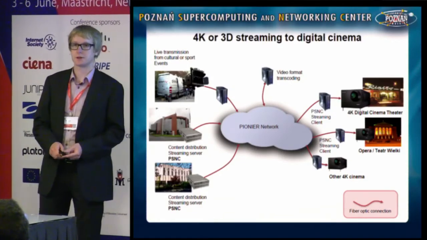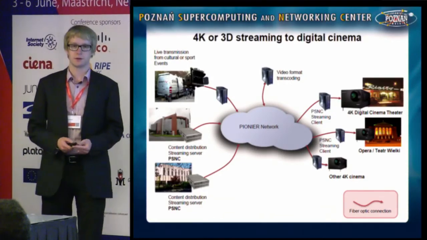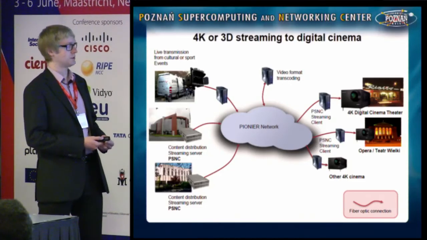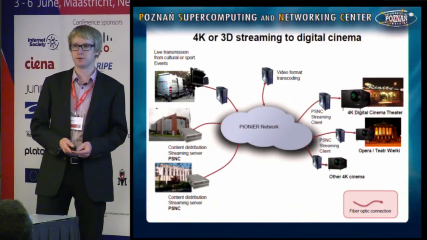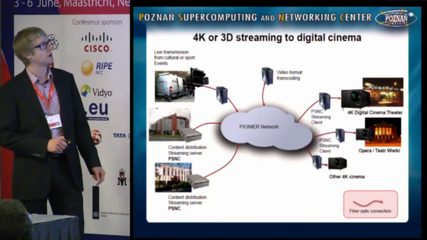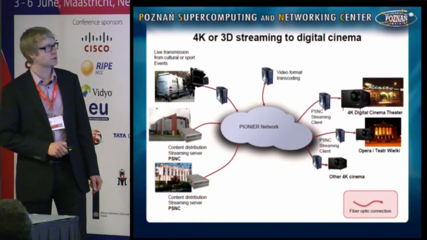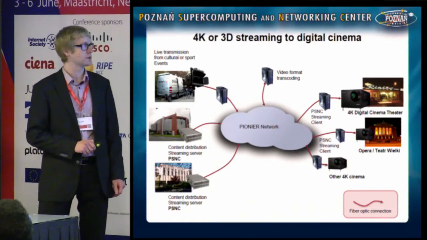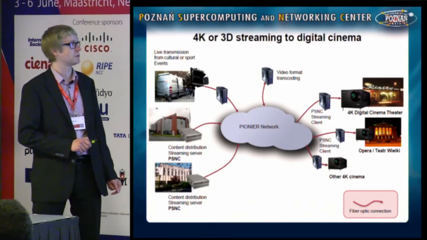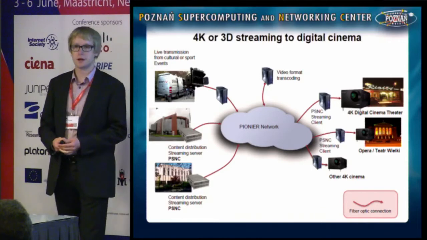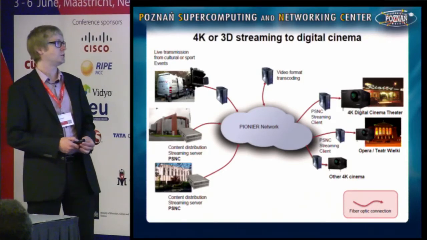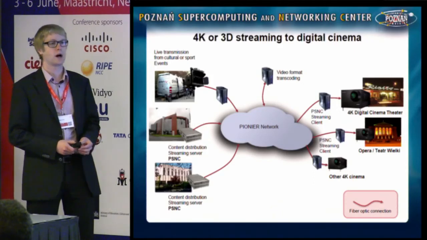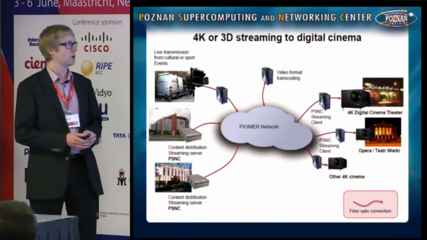Some use cases of video streamings need higher quality than, for example, watching a movie in your home. We are working on live streamings for theaters, from content servers, from live events, and in such cases, we need very high quality of image.